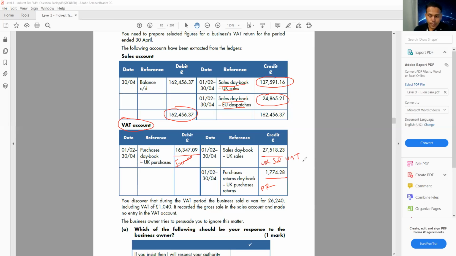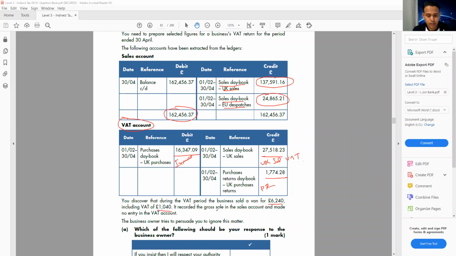Okay, so the next point here is you discover that during the VAT period, the business sold a van for 6240, including VAT of 1040.